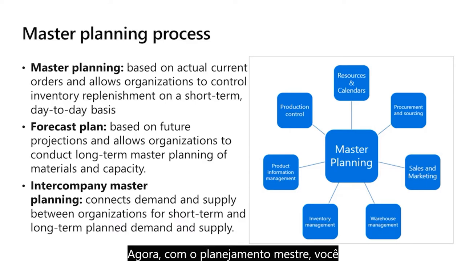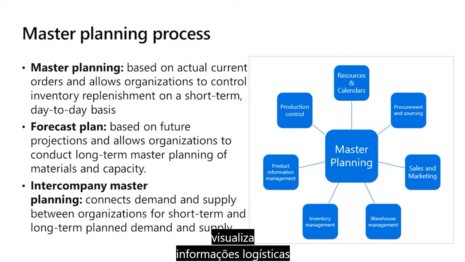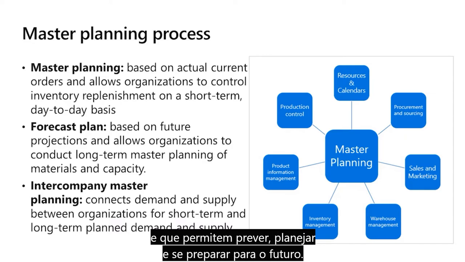Now, with master planning, you're using it to view logistical information across your sites, your warehouses, and all of your transportation modes, and you're combining this data from sales and purchasing, which gives you insights on your inventory, your production, and your warehouses that allow you to forecast, plan, and prepare for the future.